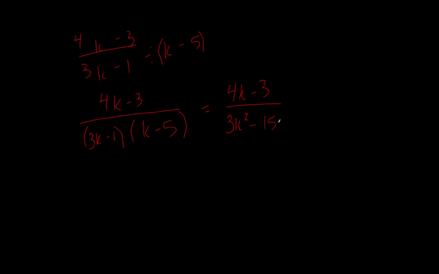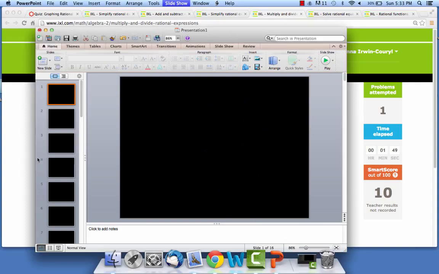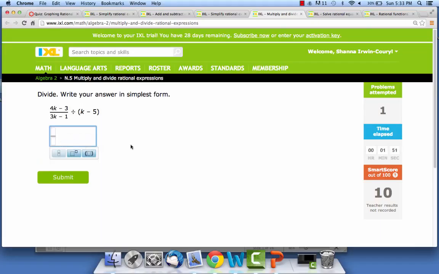I'm foiling now. So the top stayed the same because it was times 1.